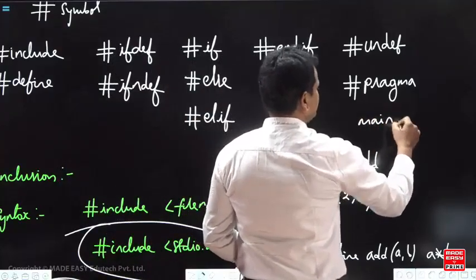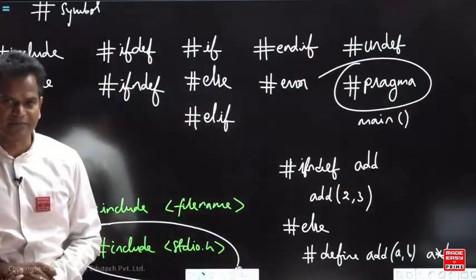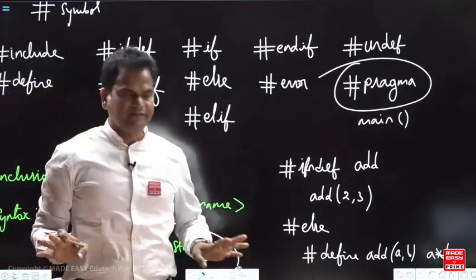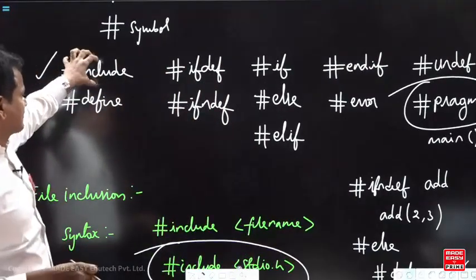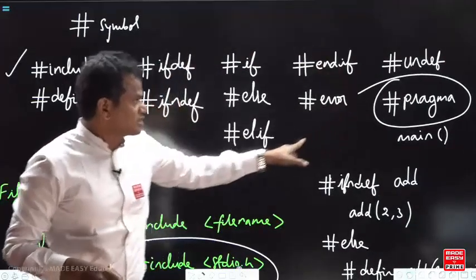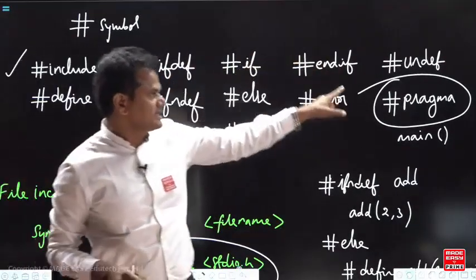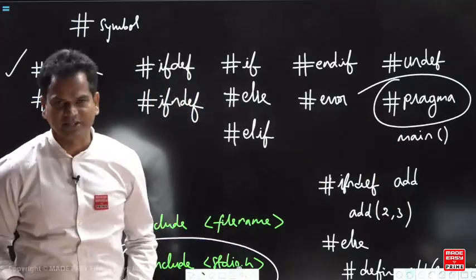So I have given all the details about these directives. This is for file inclusion, this is for defining a macro, these are the conditional directives, and #pragma is used to call a function before and after the main function.